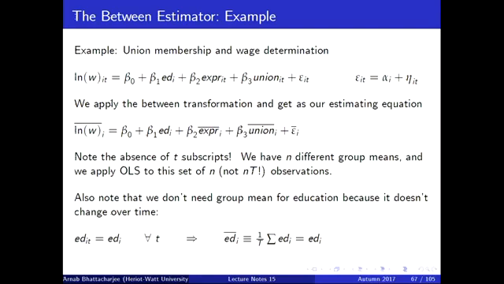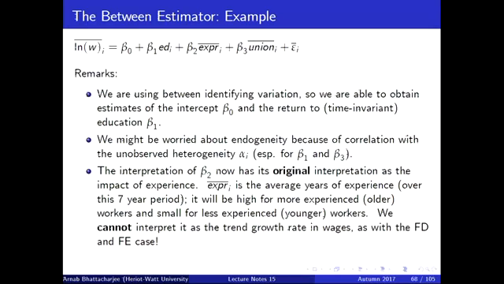So that is how you do your between estimator, right? You are using between identifying variation, so we are able to obtain estimates of the intercept beta 0, and the return to the time invariant education, beta 1.